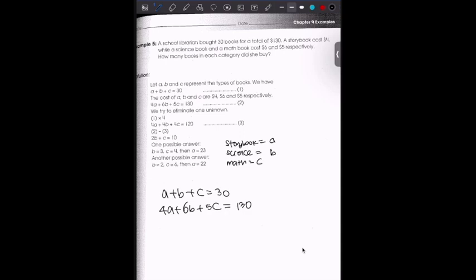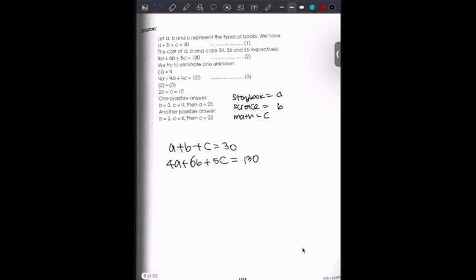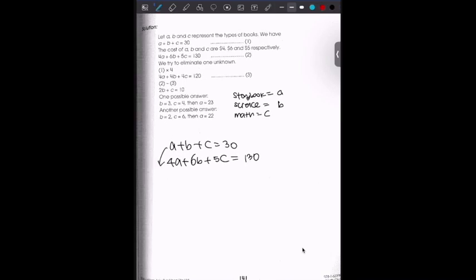And so now we have two equations, and we're going to try to eliminate one unknown. So we're going to multiply 4 to the first equation. And so that gives us 4A plus 4B plus 4C equals 120.